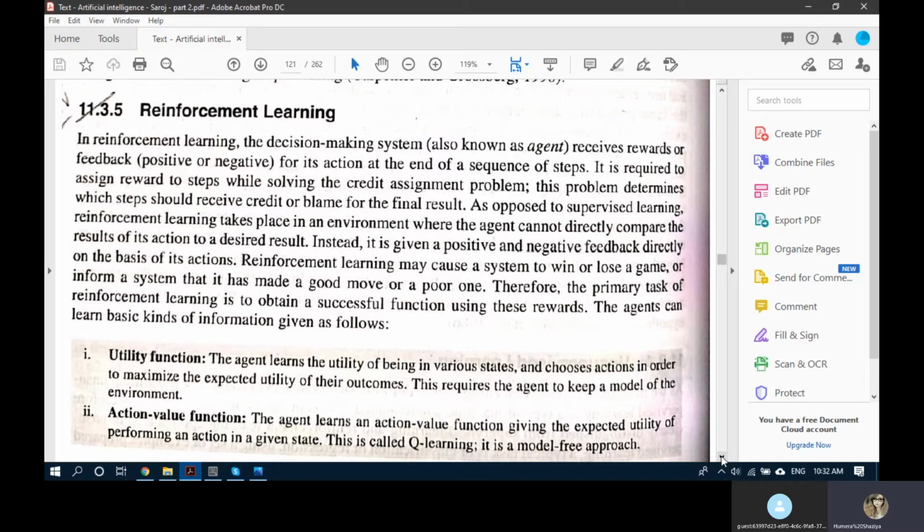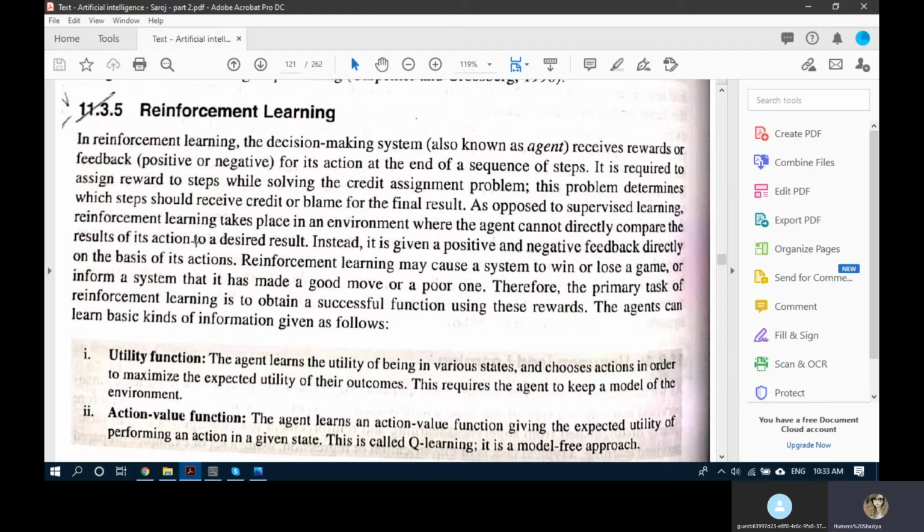In supervised learning, data along with the output is provided to the system. Unsupervised learning is about giving only the feature set and does not provide anything about the output.